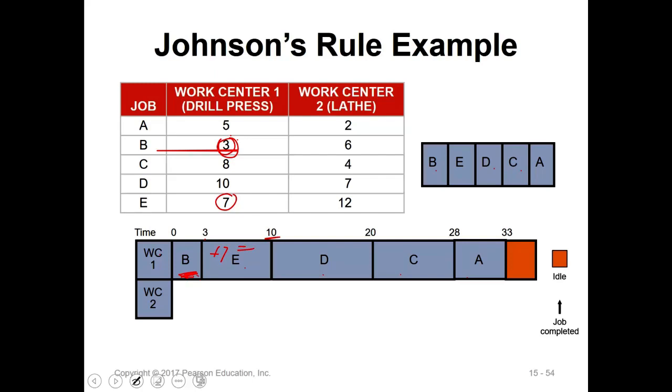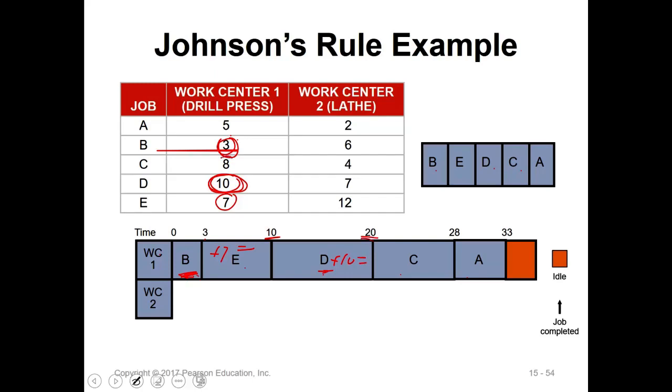Right? And for D, at work center 1, you need to take 10 working units. So this one plus 10 equals 20.